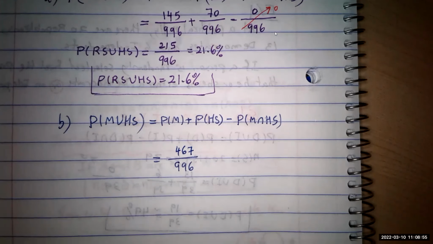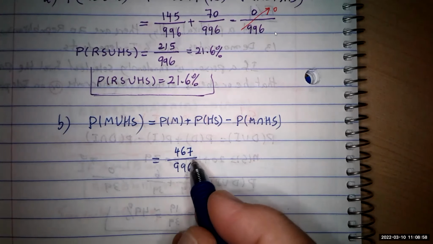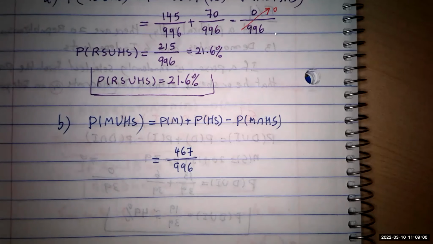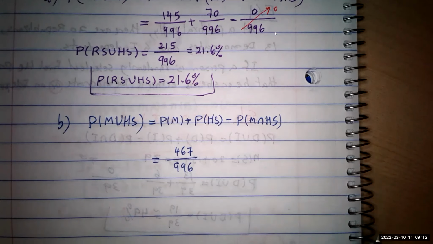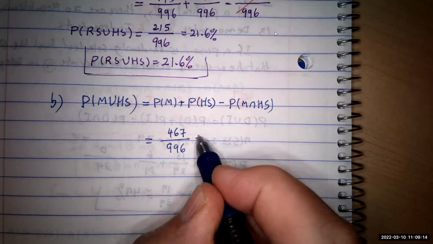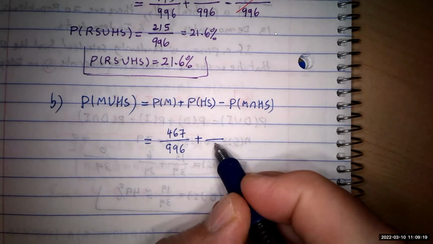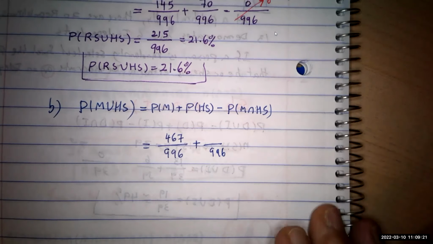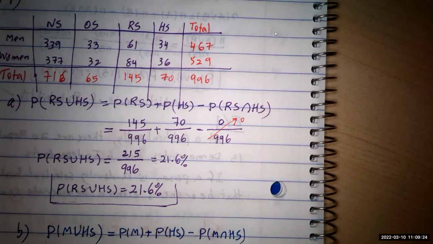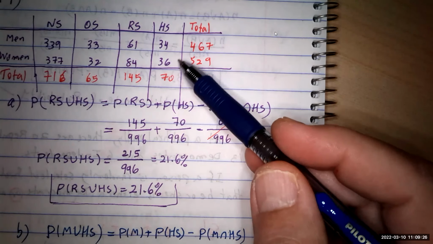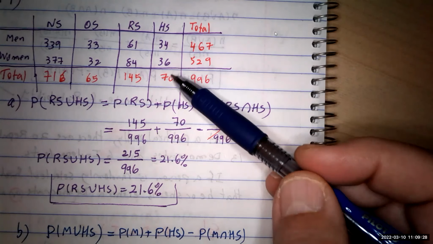That's it. So this is going to be the probability, and again, use your calculator to change it into percent. I'm sorry, this is the first one, I haven't done that yet. Plus the second one, the probability of heavy smokers. This is out of 996. Heavy smokers: we have 2 groups, the men and the women. Heavy smoker 34 and 36, 70.